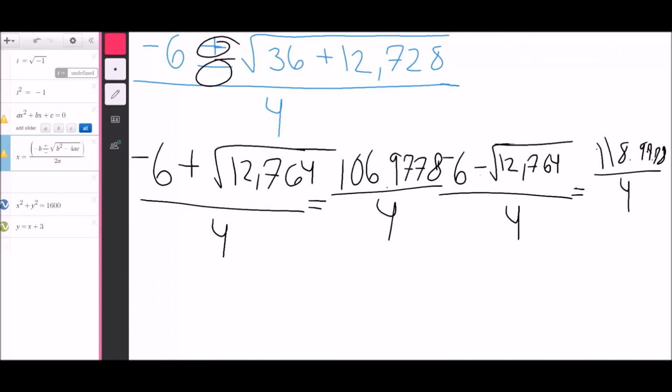And then divided by 4 is going to equal 26.745 and negative 29.745.